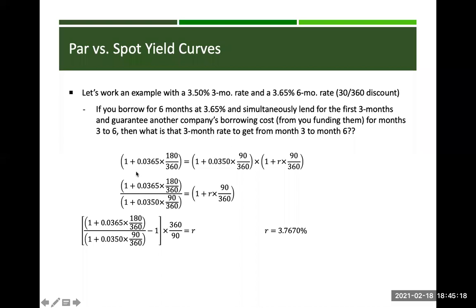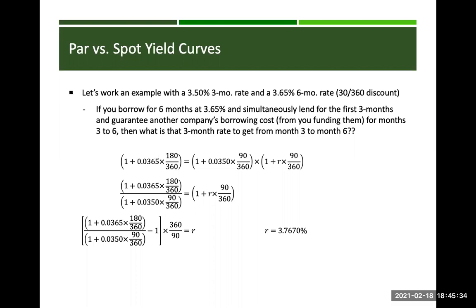So you will borrow on one side and lend on the other side of the equal sign. But you could very easily do the opposite. From the standpoint of the broker-dealer, they're making the market.